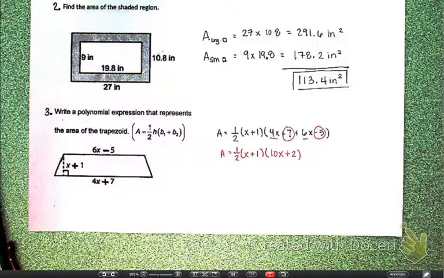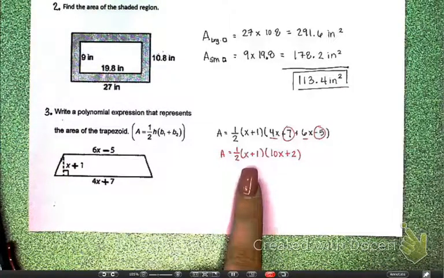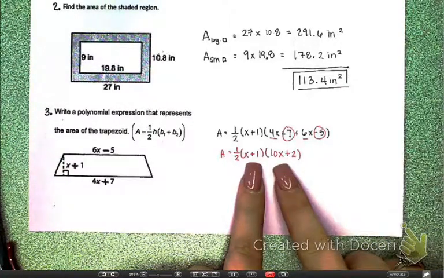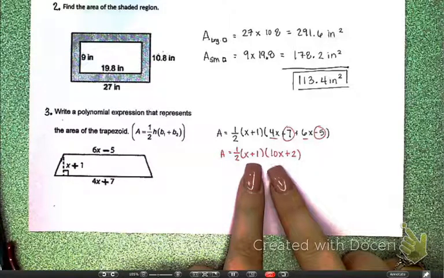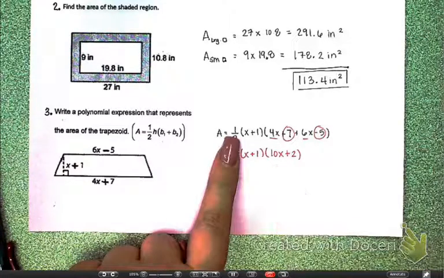I think we can probably still simplify. What can I simplify now? What can I do here? So ignore that 1/2. What do you do with that? Distribute or box. So I'd like you to do that right now.